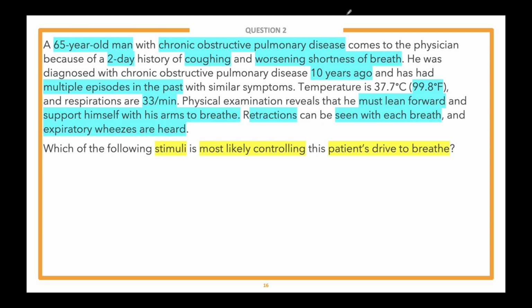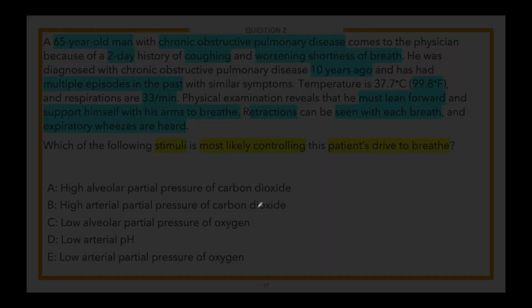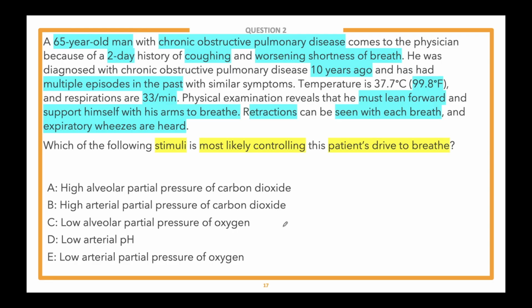So let's take a look at the answer choices in this question. You see we have 5 answer choices, A all the way to E, and once again, I'm going to start at the bottom and work my way up. Answer choice E, low arterial partial pressure of oxygen.